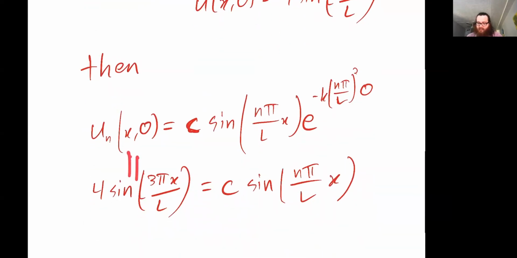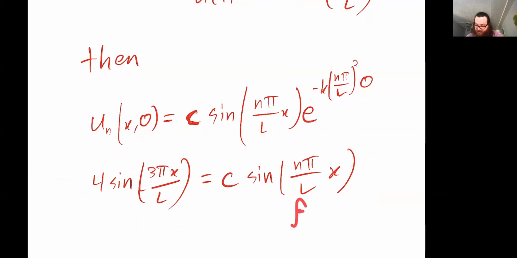So if we plug in what the temperature profile at time 0 is, these are going to be equal. This is 1, so technically we have a times 1 right there. But otherwise, the condition we end up with is 4 times sine of 3 pi x over L. This whole function needs to be equal to some undetermined constant times sine of n pi over L times x. And this needs to be true for all x.